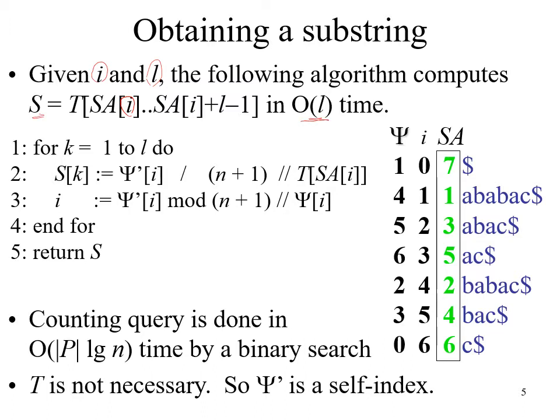This string is a substring of T, and its position is SA of i. So if i is 3 and L is 3, then it is this substring. So how to find this substring S? This is our algorithm.